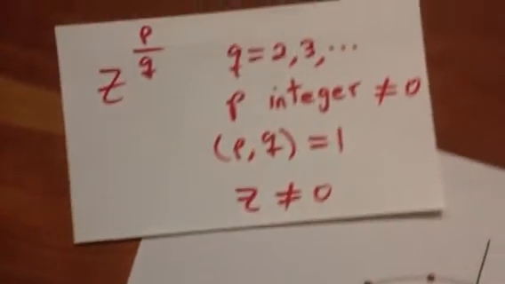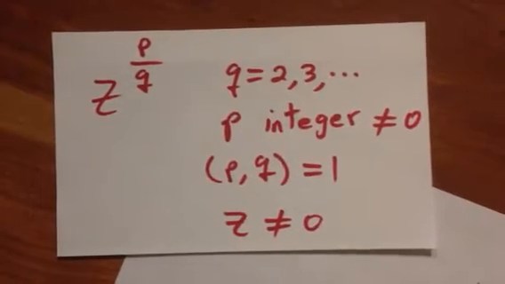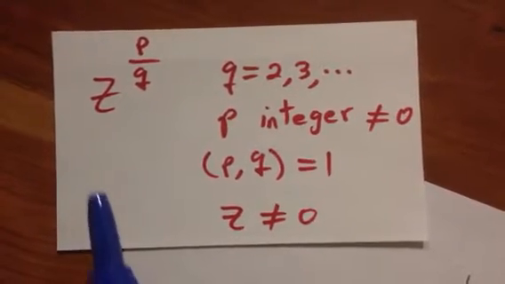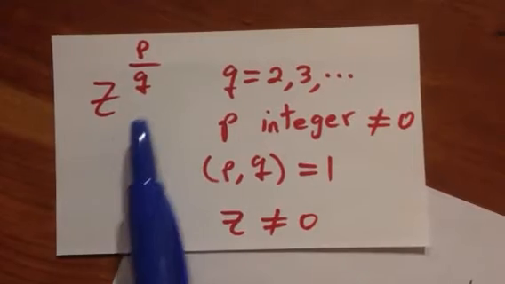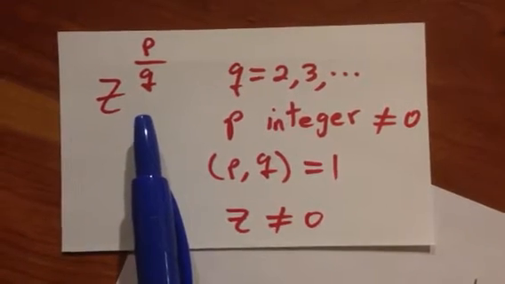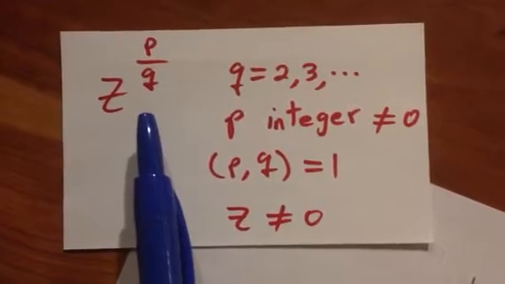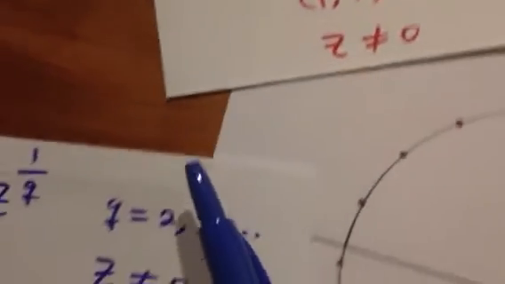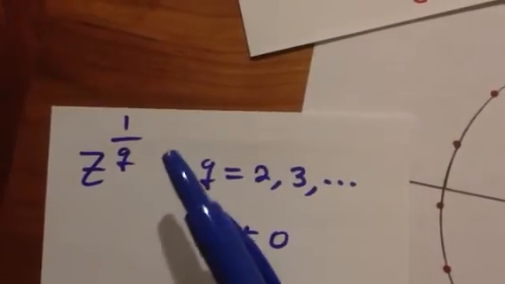Now the question is, why does z to the p over q have exactly q values, just like z to 1 over q?